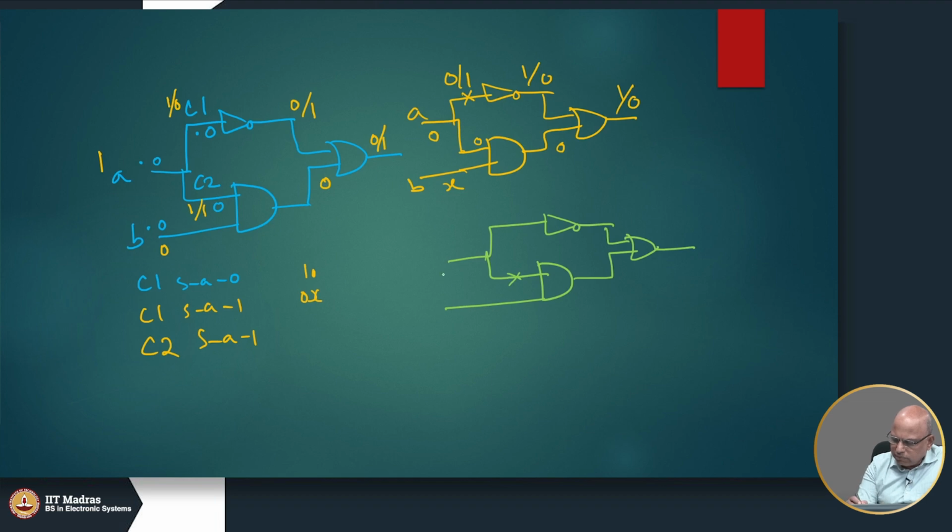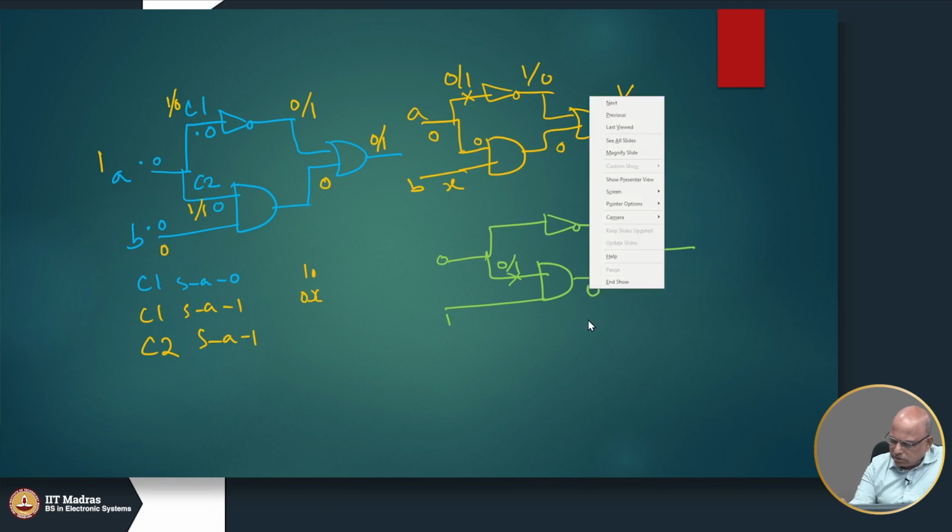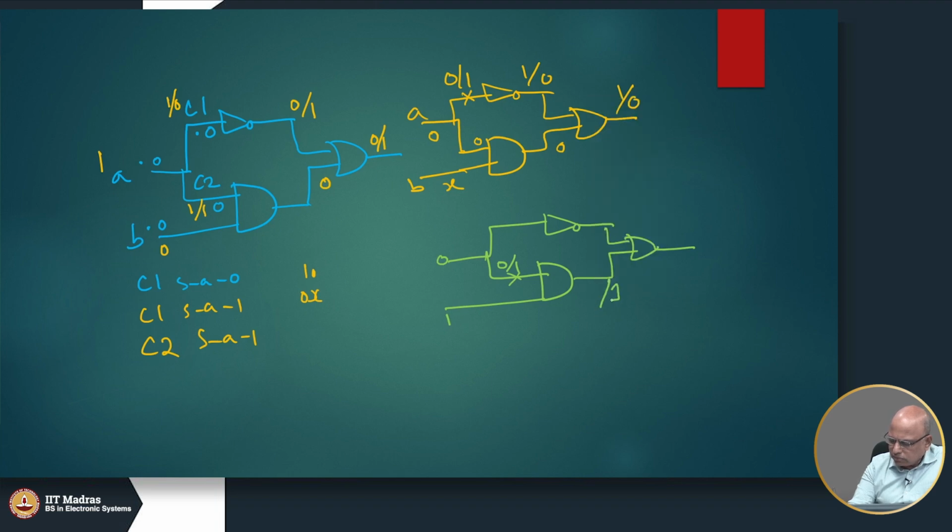So, we have to activate it by putting a 0 here, right, and then we have to propagate it further by putting a 1 here. So, this is 0/1 and by propagating it we will make it 0/1 here also, right.